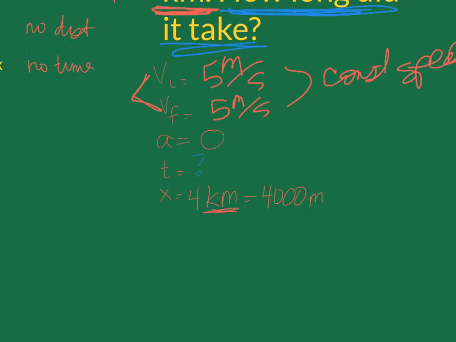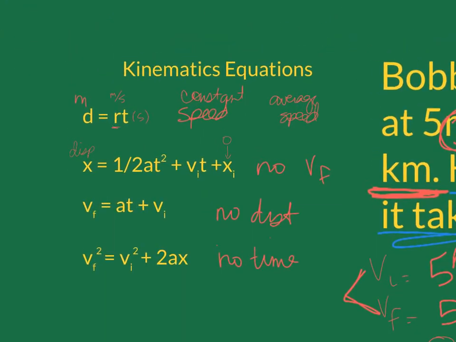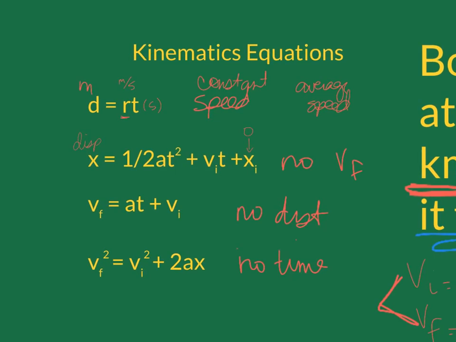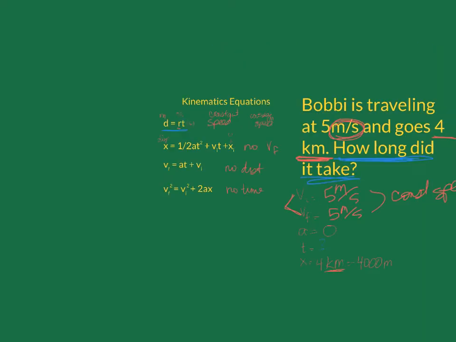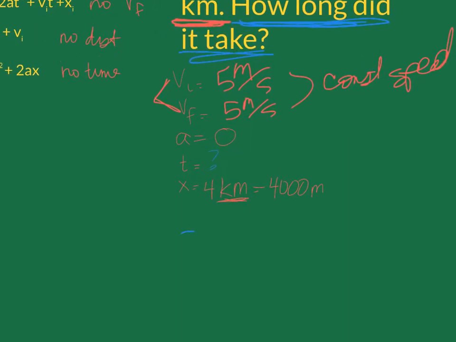So this is a constant speed situation. Which one of our kinematics equations can we use with constant speed? We had it right in 6th grade. Yay! Okay, so let's go ahead and write down our equation. Distance equals rate times time.